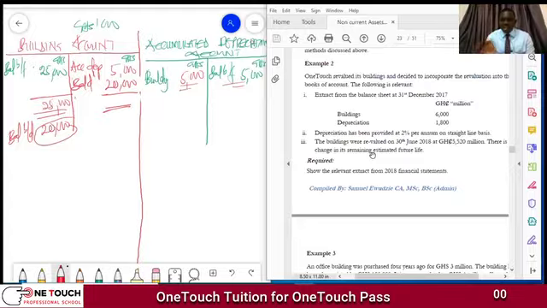Now, as of 31st December, the building was valued at 6 million, and accumulated depreciation so far was 1.8 million. Depreciation has been provided at 2% per annum on a straight line basis.